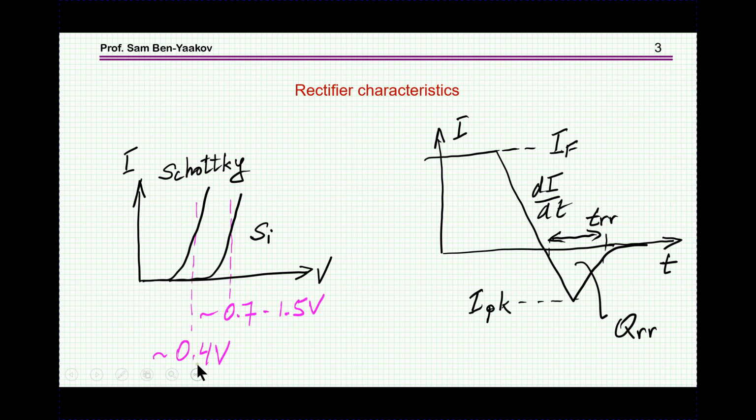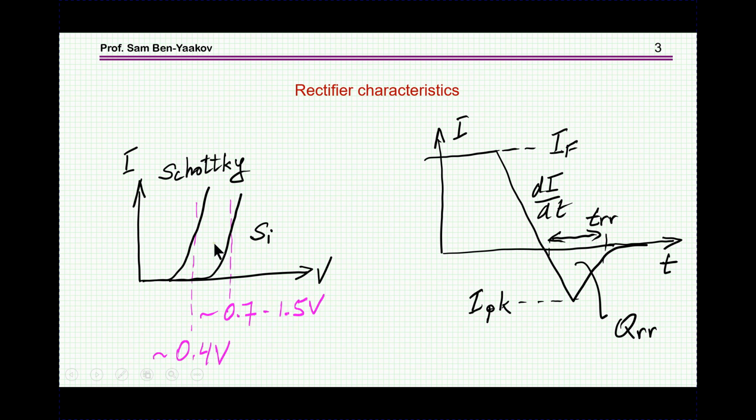One is the voltage drop. Now, silicon diodes have a voltage drop of, say, 0.7 to 1.5, depending on whether they are fast or slow diodes. A fast diode would have a higher voltage drop. And here I have a silicon Schottky diode, which has a, say, 0.4, 0.5 voltage drop.